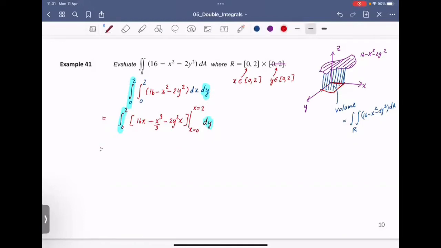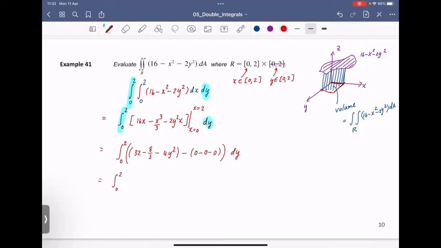Okay, and then again, you evaluate the inside thing first, so the terms don't look so messy. So you're gonna have 32 minus 8 over 3 minus, so I plug in x equal to 2, plug in, x equal to 2, plug in. So minus 4y squared, that is the first one, and then minus 0, good. And then dy, and then integrate 0 to 2.